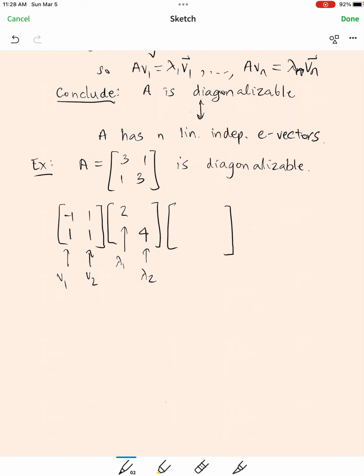If you multiply this matrix by negative 1, 1, you get negative 2, 2. Okay, so that's our matrix P. So P is negative 1, 1, 1, 1, and D is 2, 4, with these little zeros here. And then this matrix on the right is going to be P inverse. You could compute P inverse, but let's just leave it like that. Okay, so A is equal to this.